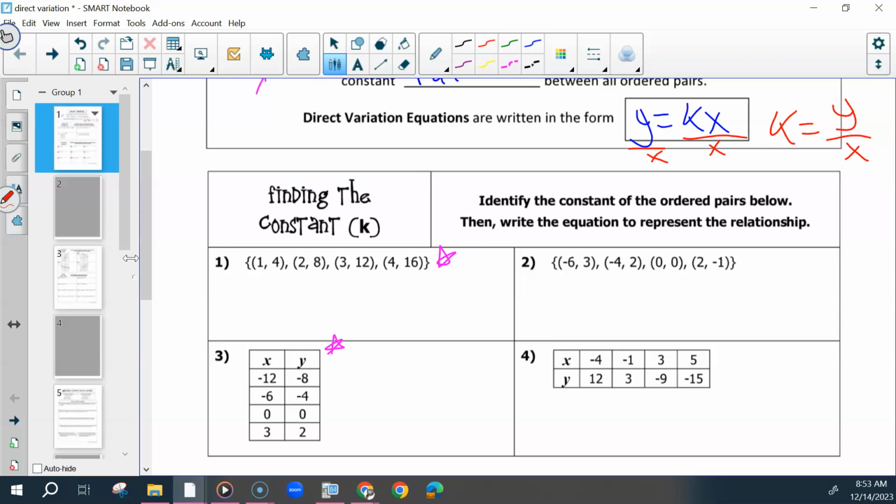So with each of these, we're going to divide y by x. 4 over 1, 8 over 2, 12 over 3, and 16 over 4. When we divide those, what do we get? 4. For each one?